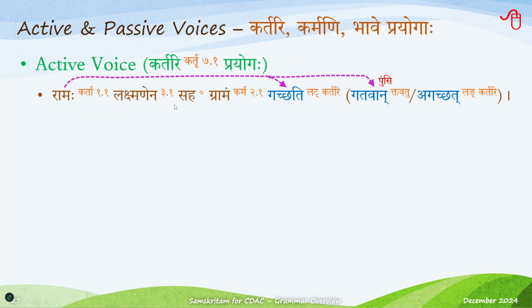I am just showing a slightly more complex sentence than simple three-word sentences, because we learnt how to use saha upapada, tritiya, etc. You can mentally grade it out and focus on Ramah gramam gacchati, Ramah gramam agachat, or Ramah gramam gatavan. If gatavan is there, then there is an adhyahrita kriyapada because we need ekatinga vakyam to be satisfied. So Ramah gramam gatavan asti, something like that.